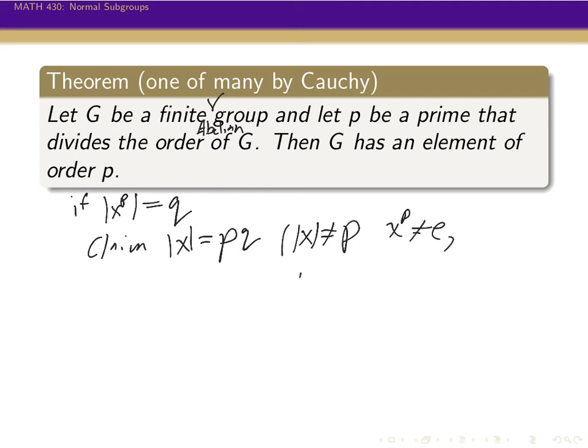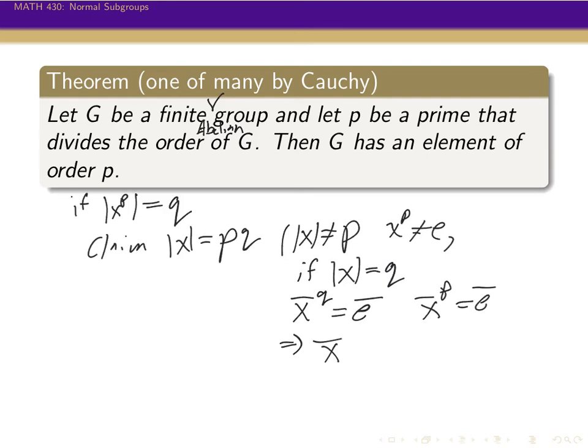And if x has order q, that would mean that x bar to the q is equal to e bar, but we already know that x bar has order p, so we already know that x to the p is equal to e bar, and so then we'd have that x to the r is equal to the identity in the quotient group, where r is congruent to q mod p.